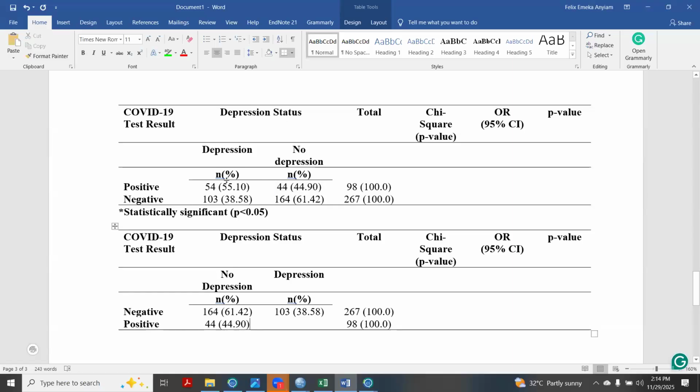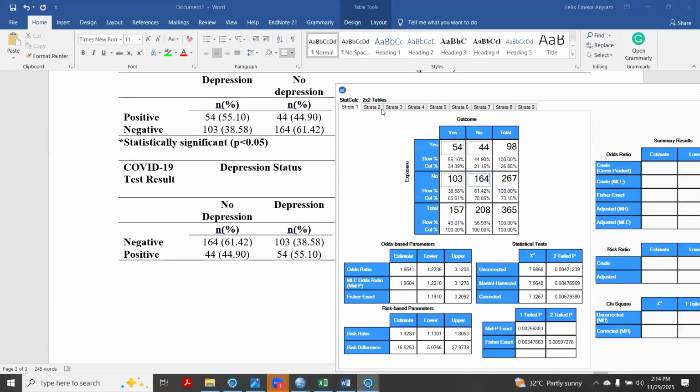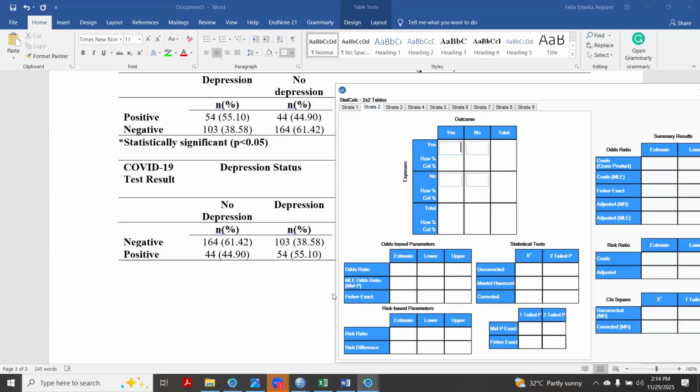Positive and depression is this. So I've switched the table now so that you can see the beneficial effect. So let's key this back in. Let me go to strata 2 and put in these values: 164, 103, 44, and 54. Sorry, no, hold on.